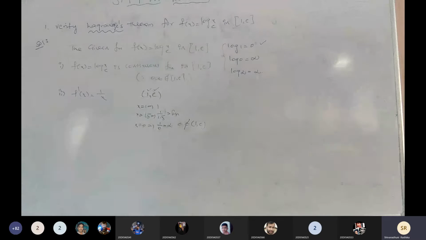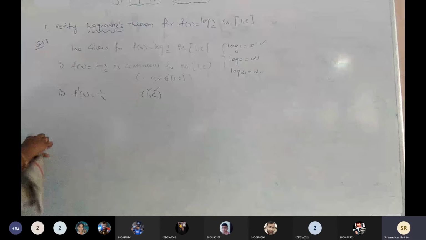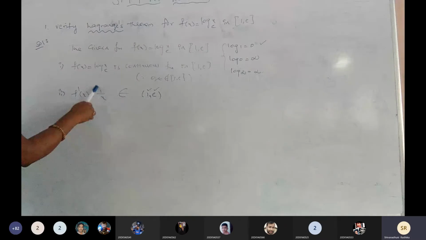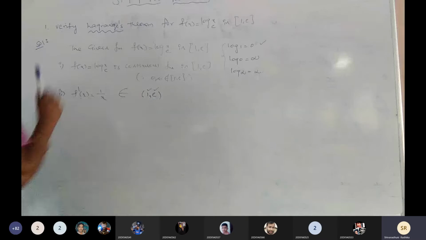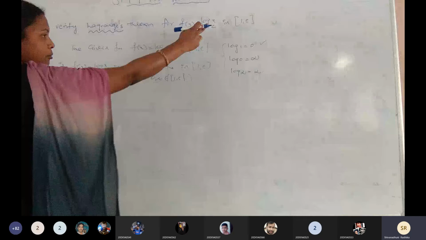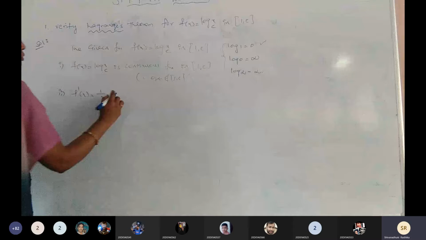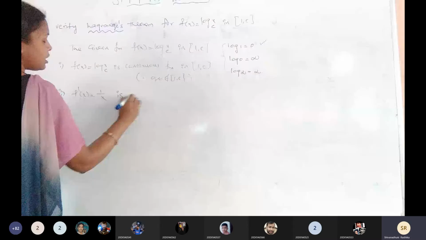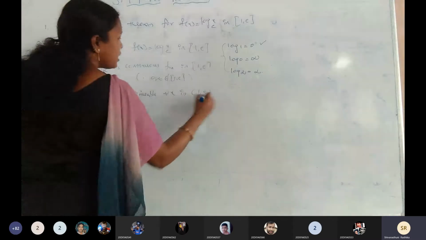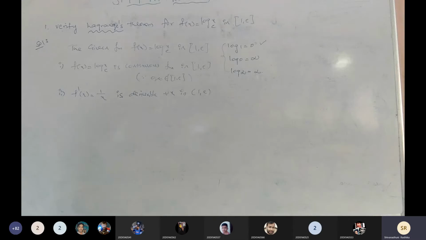Is it right? For all values of x which belong to (1, e), that means for all values of x in the open interval (1, e), f dash of x equals 1 by x is derivable. f dash of x becomes discontinuous, not derivable, where? At x equals 0.